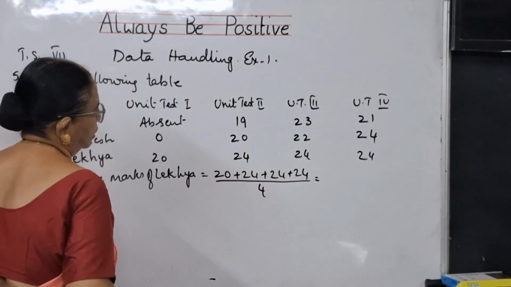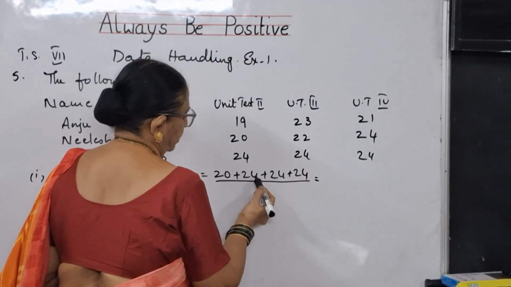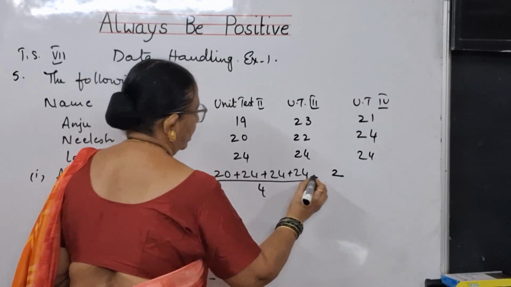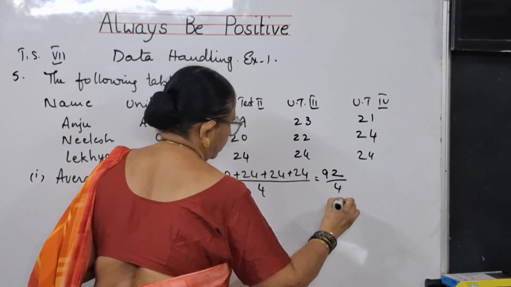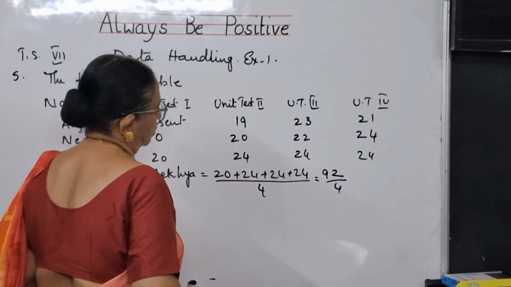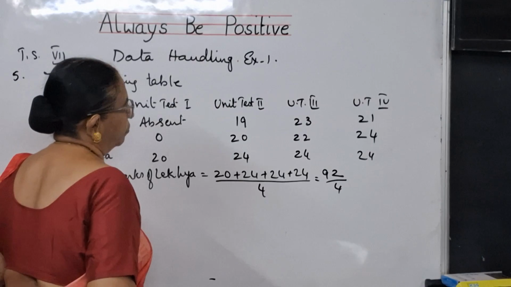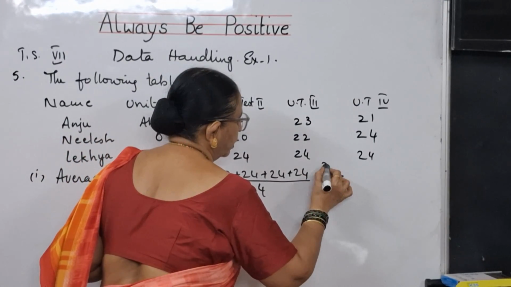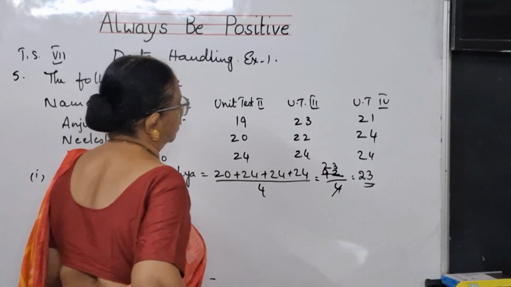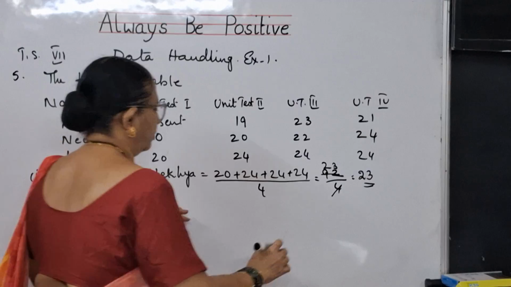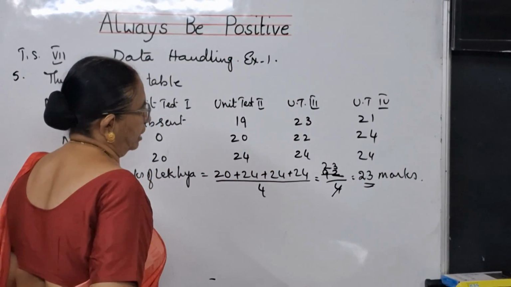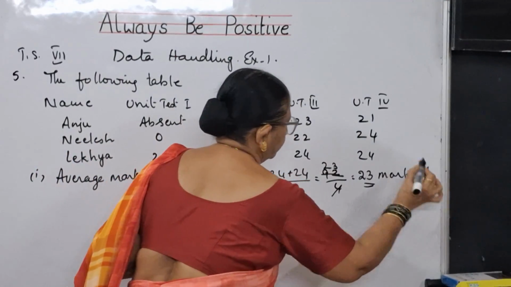So how much are you getting? The sum is 92, so 92 by 4. So when you are dividing, how much are you getting? 4 2s are 8, 4 3s are 12. 23 marks she has got. This is average mark. 23 marks are obtained by Lekhya. This is the answer for the first bit.